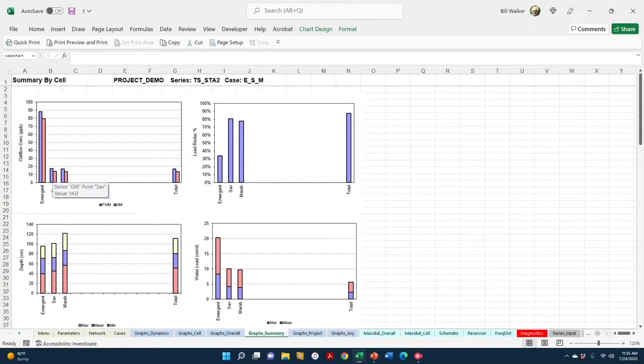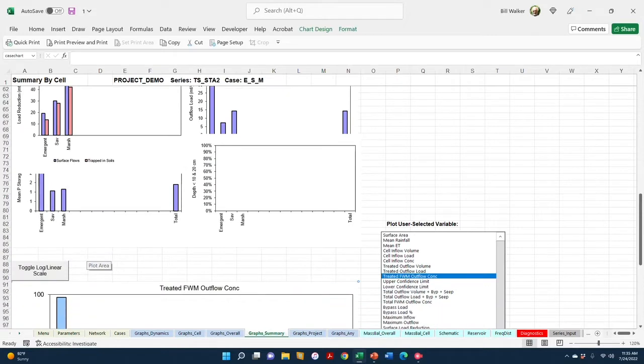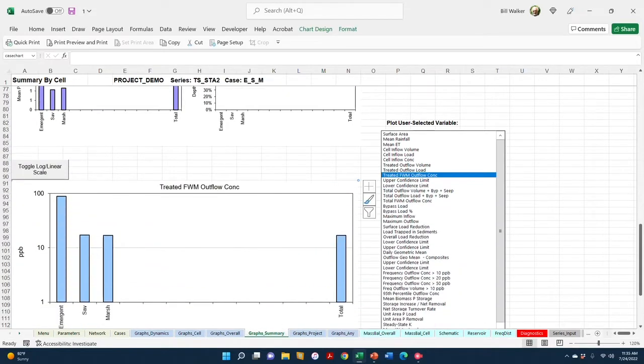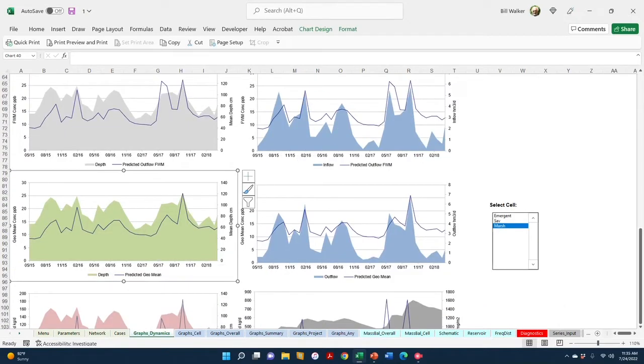This one shows that because the SAV cell has already brought it down to something close to the target, there isn't much of a gradient left in the marsh. And okay, so that's what that shows.